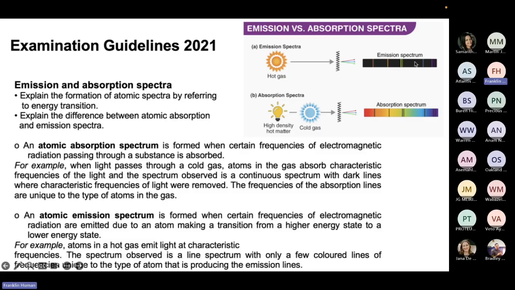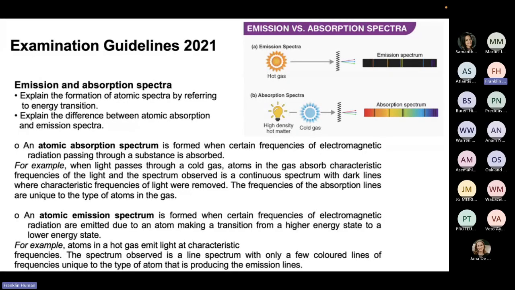Now, remember from grade 10 that the color of light is related to the frequency of light. And if the color of light is related to the frequency of light, it is then also directly related to the wavelength of light, because remember your equation: the speed of light is equal to frequency times wavelength.